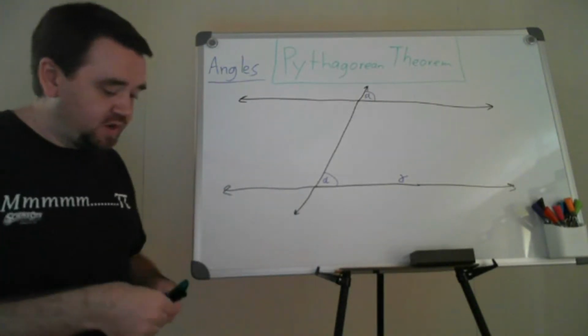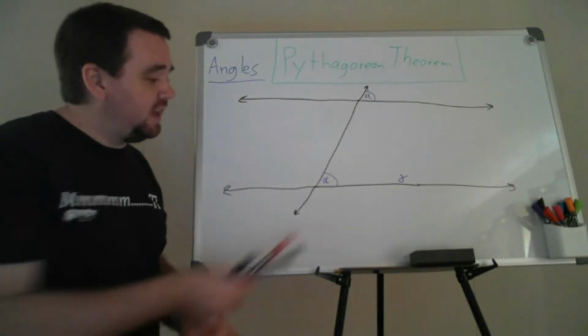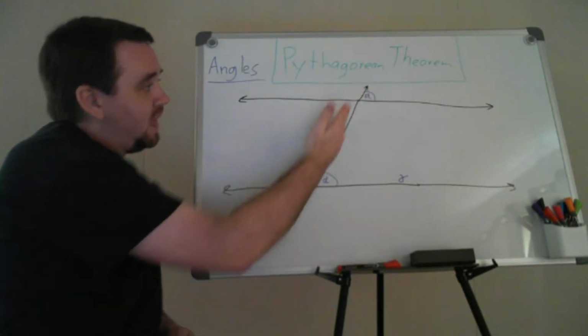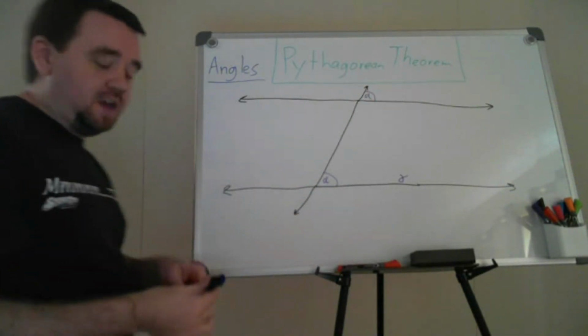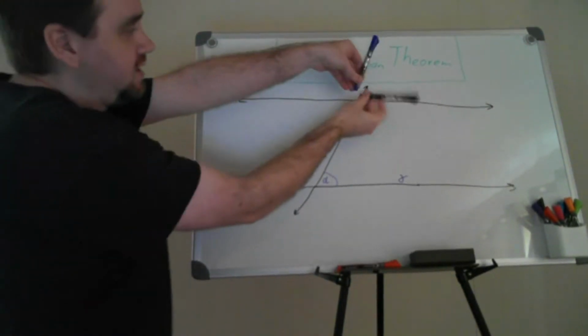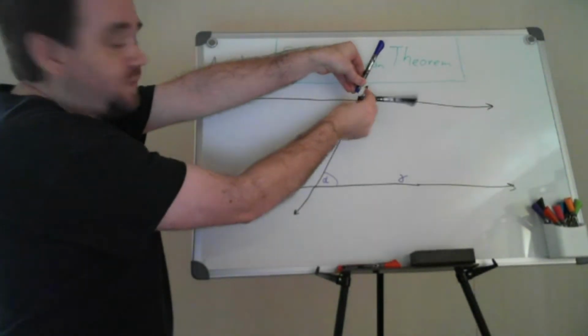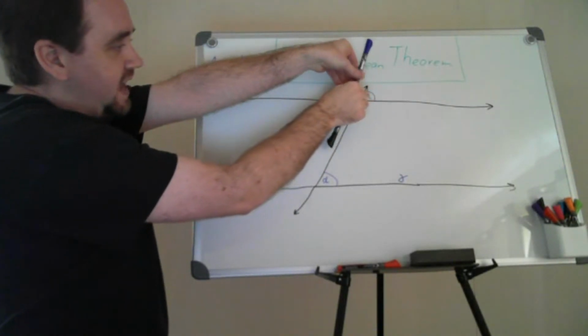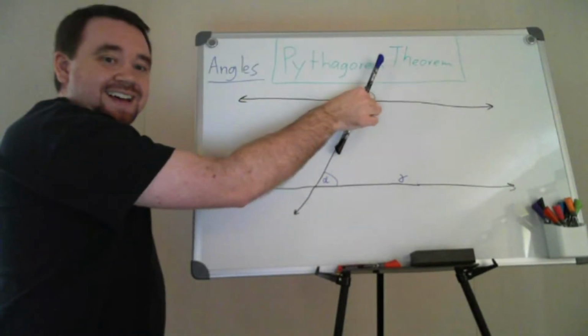All right? Now, what we want to think about is, what if I were to think about this line as being an angle by itself? So picture this. I start here and I've made angle alpha, and then I rotate until I make a nice straight line.